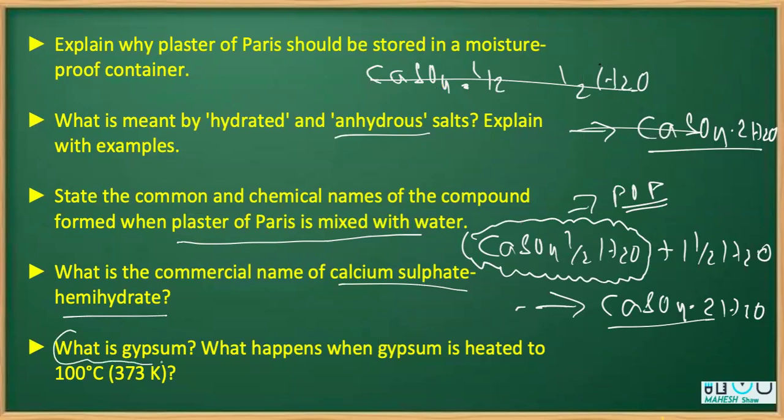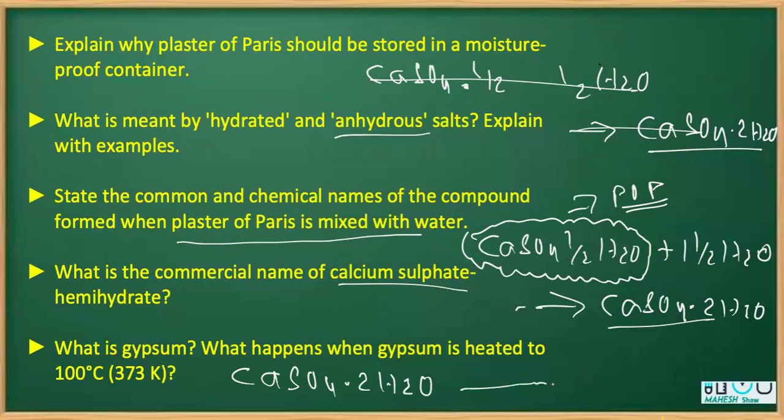The other question is, what is gypsum and what happens when gypsum is heated to 100 degrees Celsius or 373 Kelvin? So gypsum is what? Gypsum is calcium sulfate dihydrate. Di stands for 2 here, 2 water molecules. This is what gypsum is.